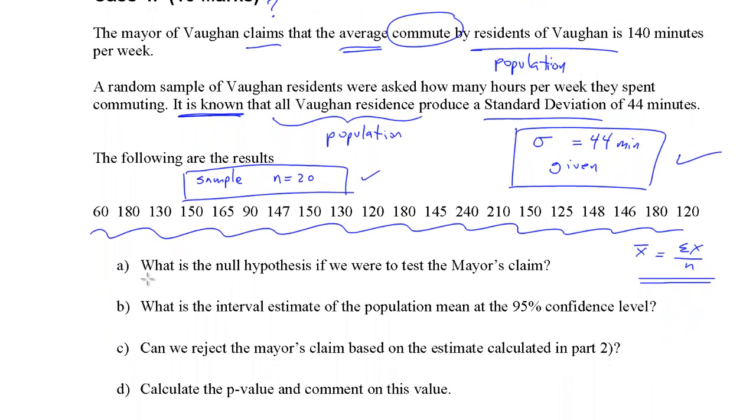Part A says, what is the null hypothesis if we were to test the mayor's claim? All right, so let's have a look and see how that works. Now, a null hypothesis is a Chapter 11 concept. And in Chapter 11, there's always going to be, as I mentioned earlier, a population parameter.